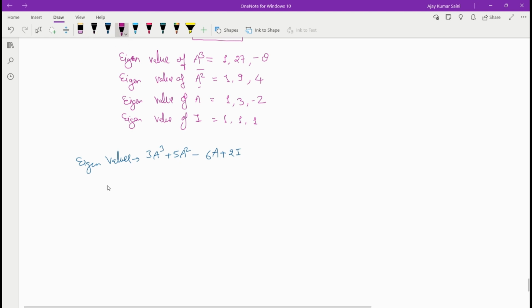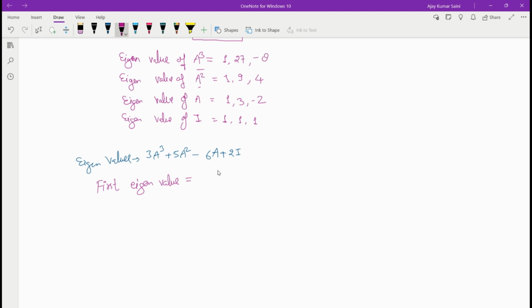Now see here, the first eigenvalue is equal to, this is where students make mistakes.